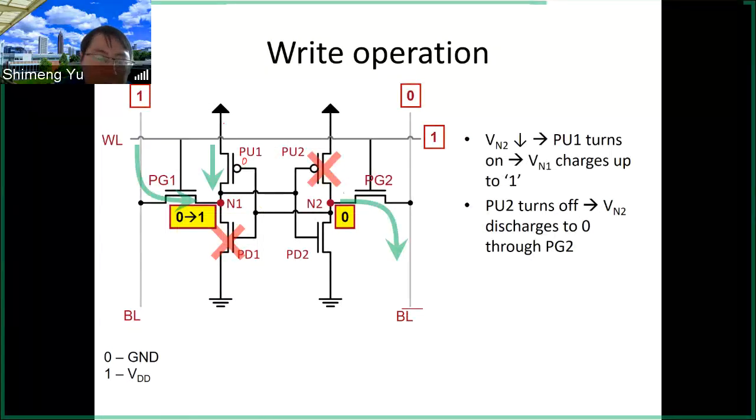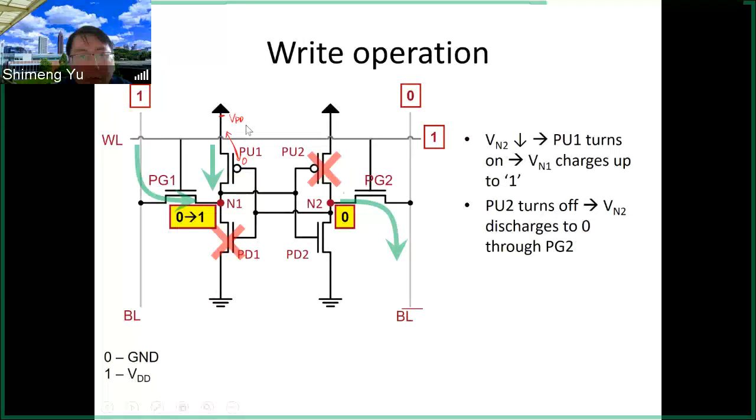So the PU1 is a PMOS, right? So this is VDD. So the PMOS, the absolute value for the VGS is VDD. So that means the PMOS is turned on. So if this PMOS is turned on, then you have current, this additional current here, this arrow. This current will be flowing into the N1 node. That means the N1 voltage will further increase.